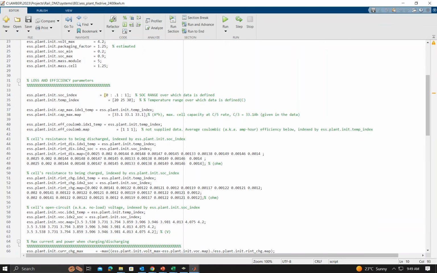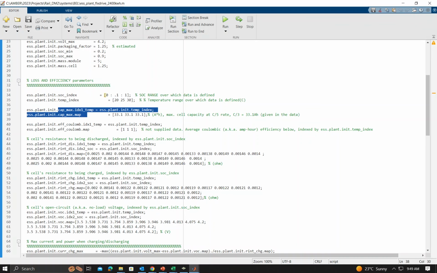We can modify various vectors here, like the internal discharge resistance with respect to SOC, the charge resistance with respect to SOC, and the open circuit voltage with respect to SOC. The capacity of the cell that we have used is around 33.1 amp hour for the individual cell, along with the SOC variation with respect to temperature.